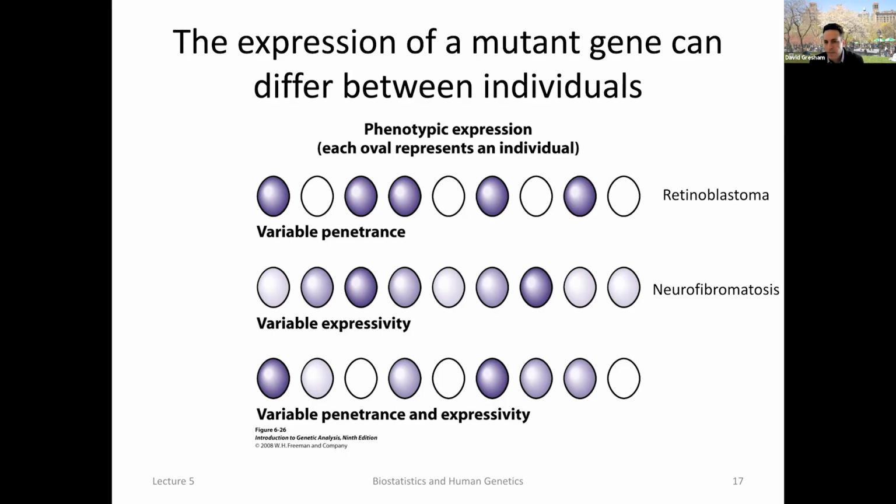And so you can have individuals who have that mutation but have very different extents of this clinical manifestation of these different cafe au lait spots across their body. And that's a case of variable expressivity. Even though all the individuals have the same causative mutation, the extent to which it is expressed at the phenotypic level varies between those individuals.